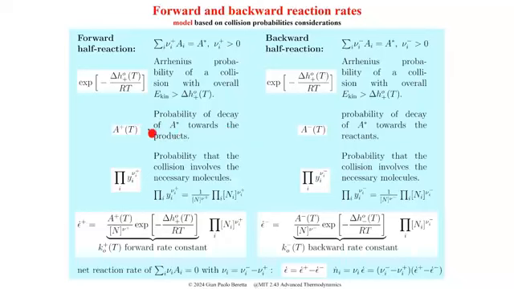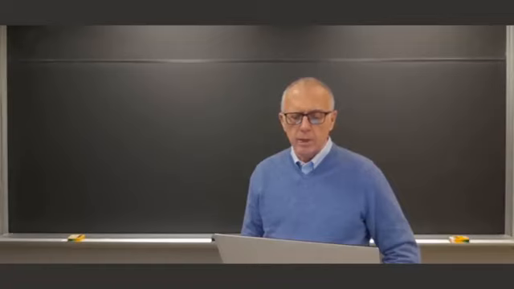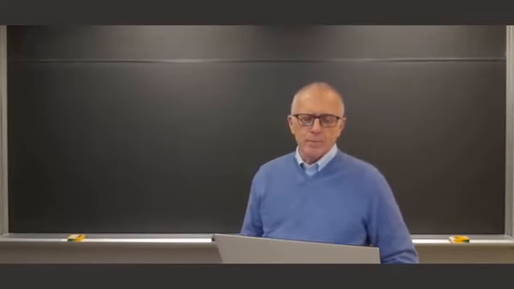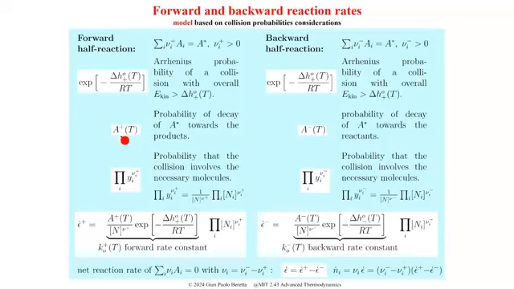So it is a complex reasoning. It's not simple to make theory about this part of the probability, and therefore you just say, all right, let's call it probability A, and there is one for the forward and one for the backward.